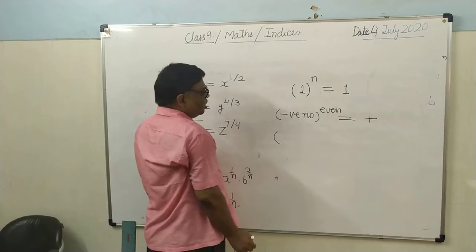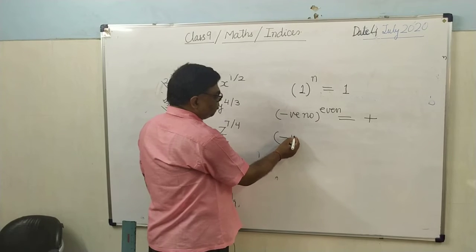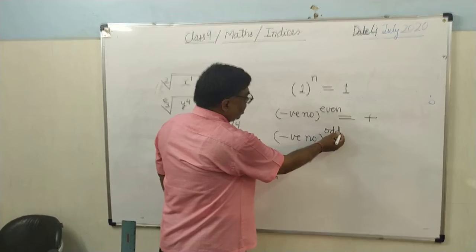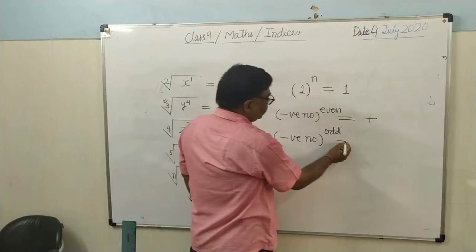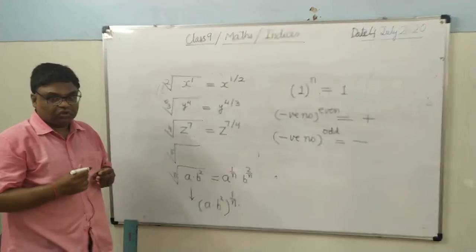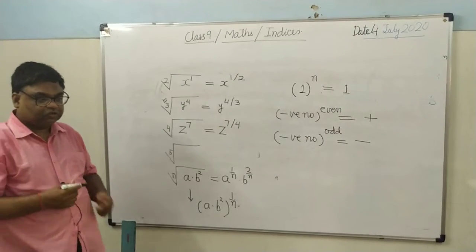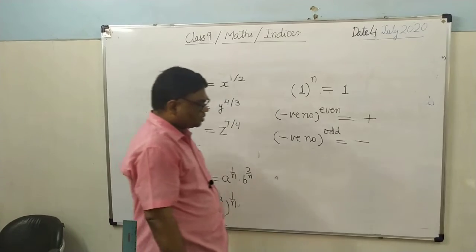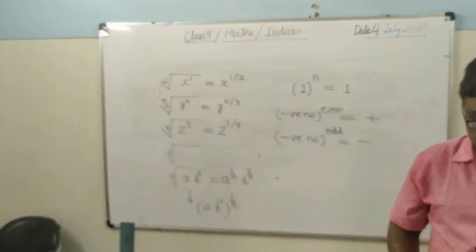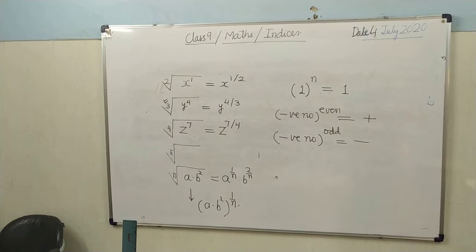Similarly, if there is a negative number and over that there is an odd power, the result will come out negative. These two rules we should also know. Now you note down. If you have not noted, then note down.